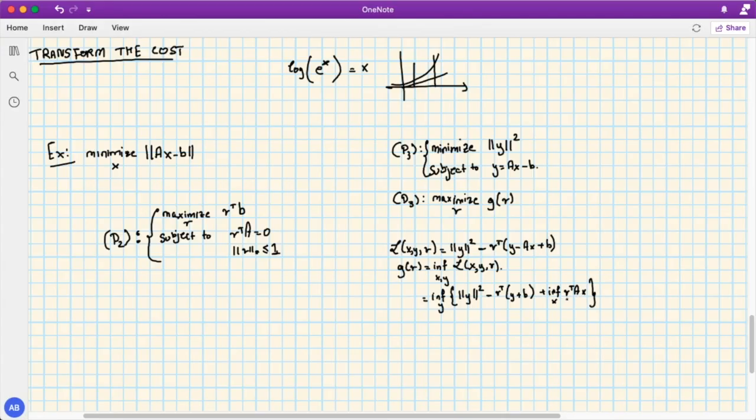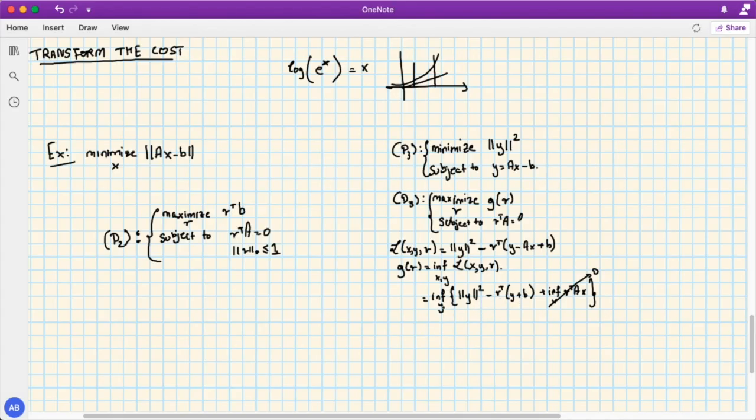Now, if I want the infimum of this guy, it's minus infinity, but I will be interested in the particular case where nu transpose A is 0, and hence I will be imposing it as a constraint on the dual problem. So that said, this thing is 0. And I'm left with this guy.